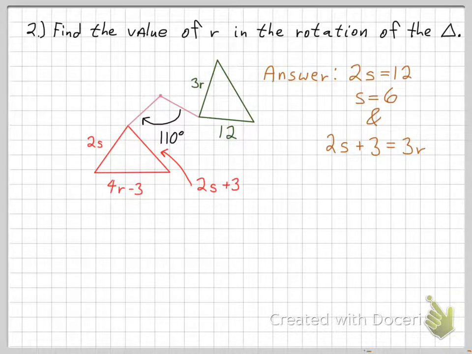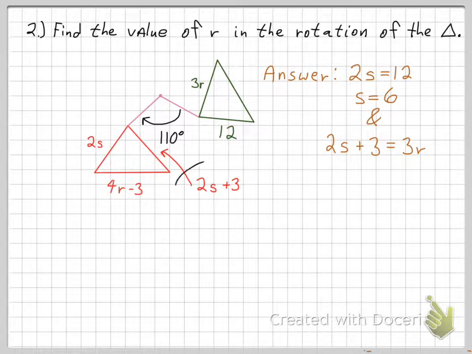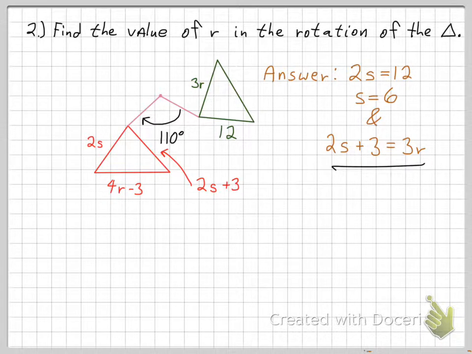Okay? So again, if you move this 110 degrees, then the 2s side matches up with the 12 side, and the 2s plus 3 side matches up with the 3r side. Okay? So moving right along with these equations, you have 2 times 6 plus 3 equals 3r, right?